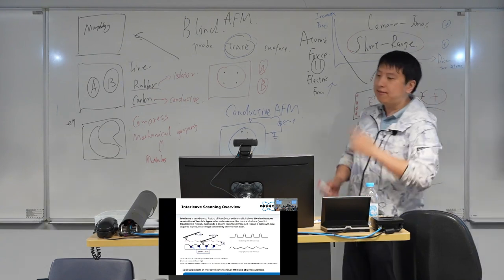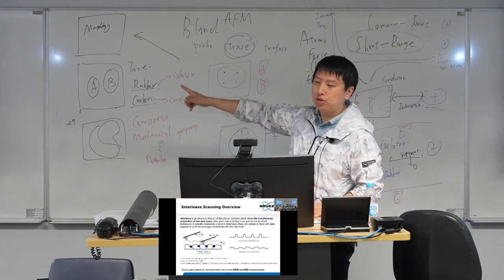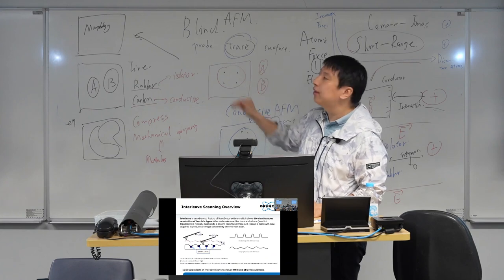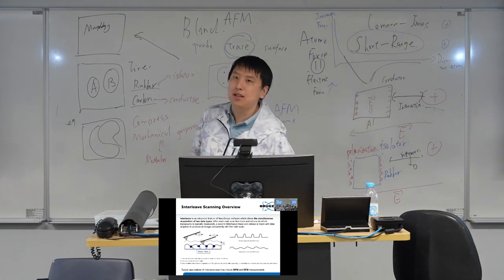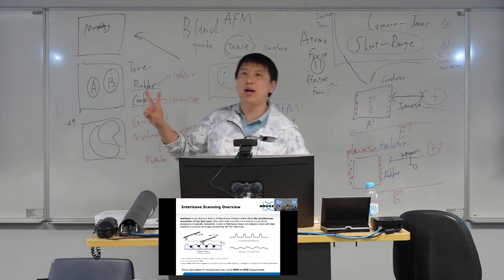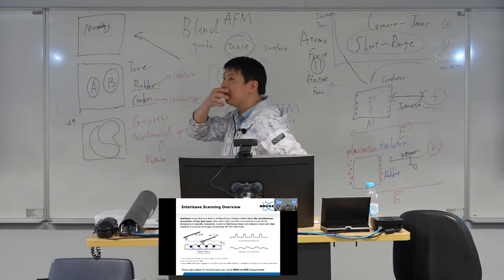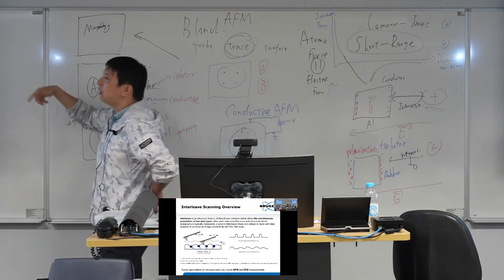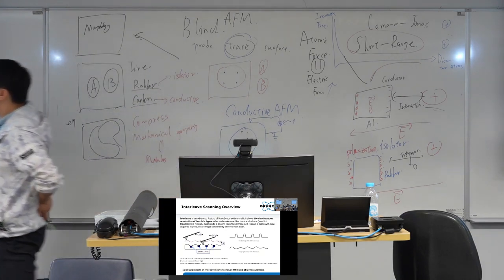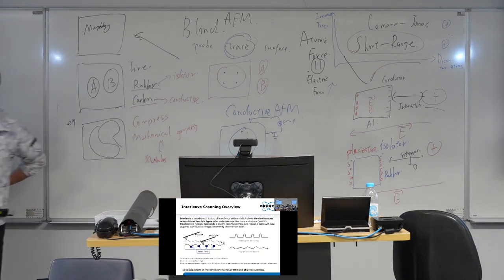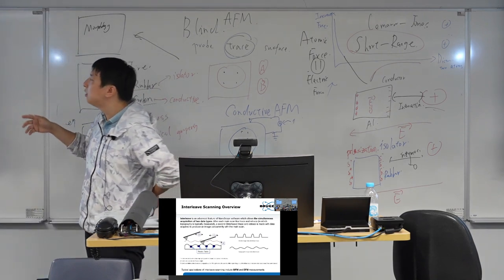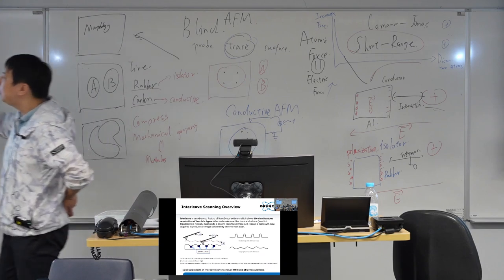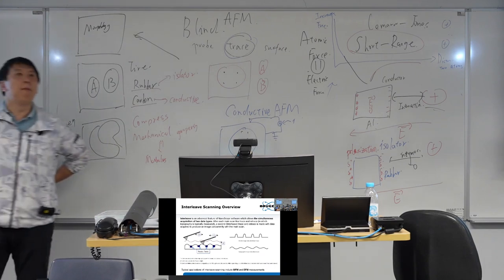So we call this idea the interleave scan. The idea of the interleave scan is that we scan the surface twice. The first time we let the probe trace on the surface. Once it traces on the surface, it can sense the atomic force between the tip and the sample.